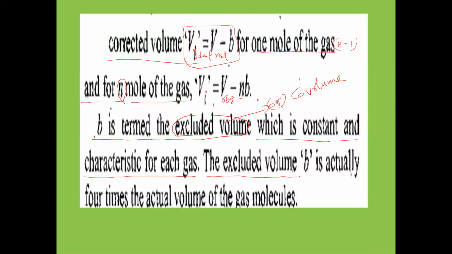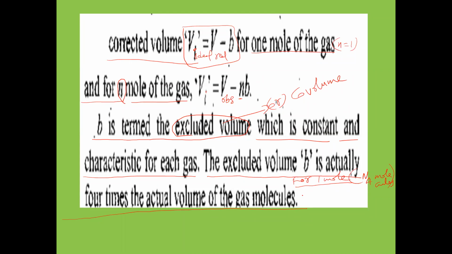The excluded volume b is actually four times the actual volume of the gas molecules. For 1 mole, how many particles will be there? Avogadro number of molecules will be present in 1 mole of gas.